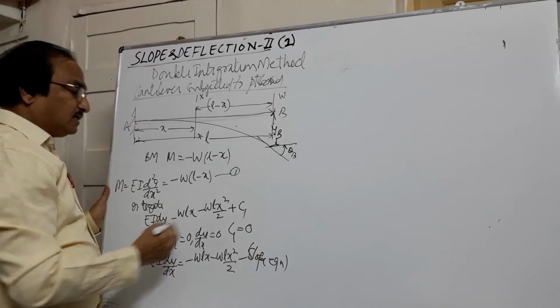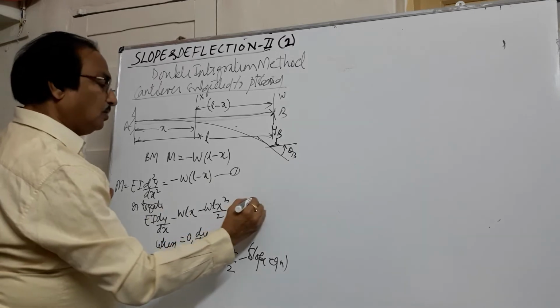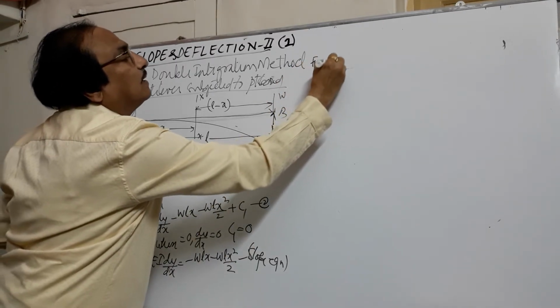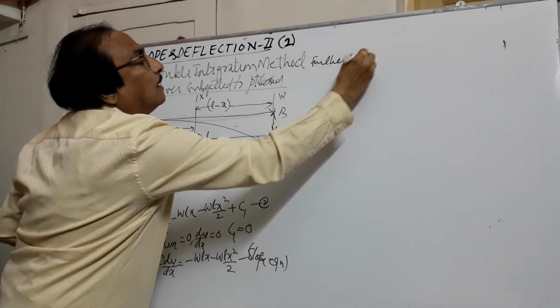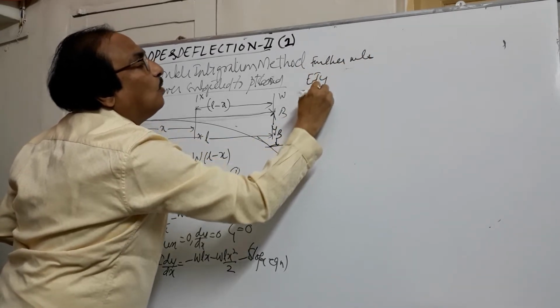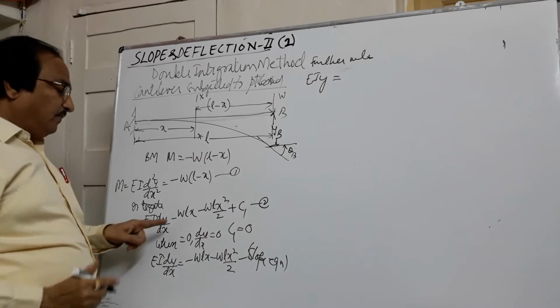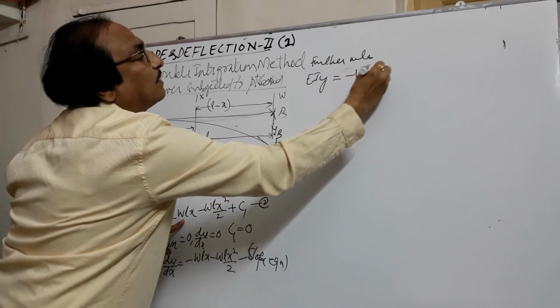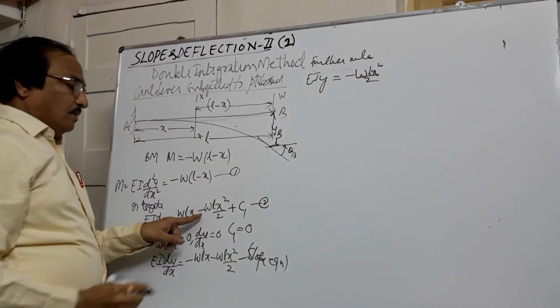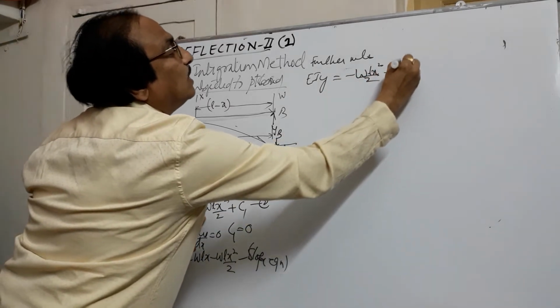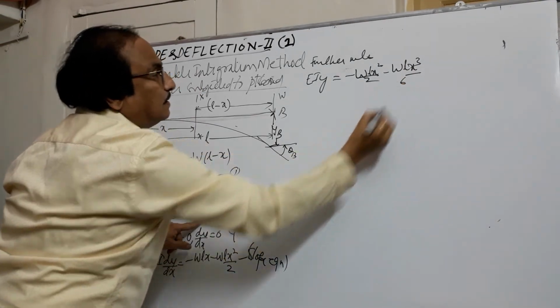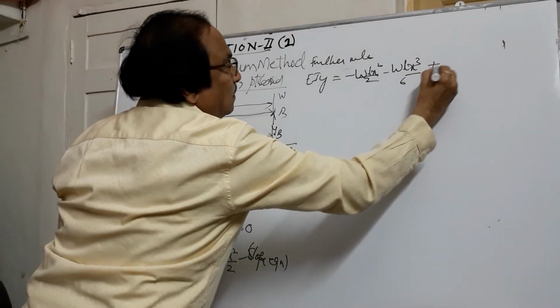Further integrating this, EI into y is equal to minus W L x square by 2, minus W x cube by 6, plus C2.